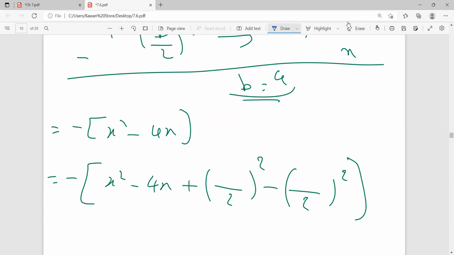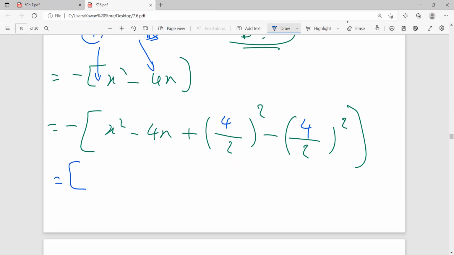So where is b? Here is b, 4. Be careful. After here's 1, then here will be b. Be careful. Okay. So I will get x square minus 4x plus 4 minus 4.